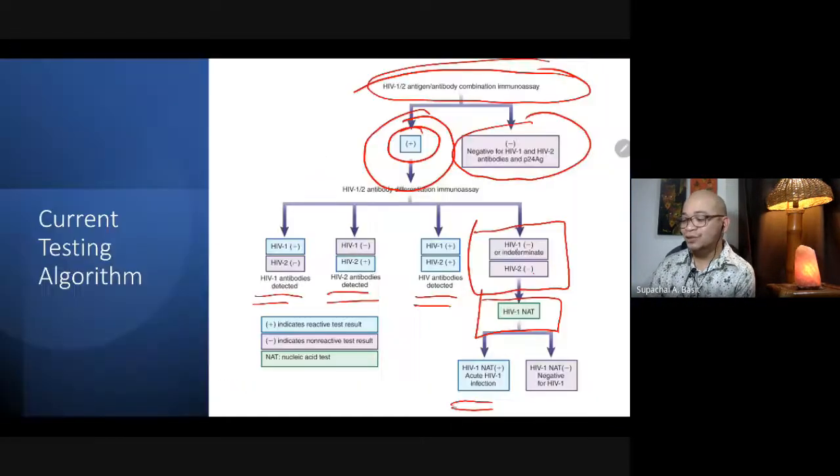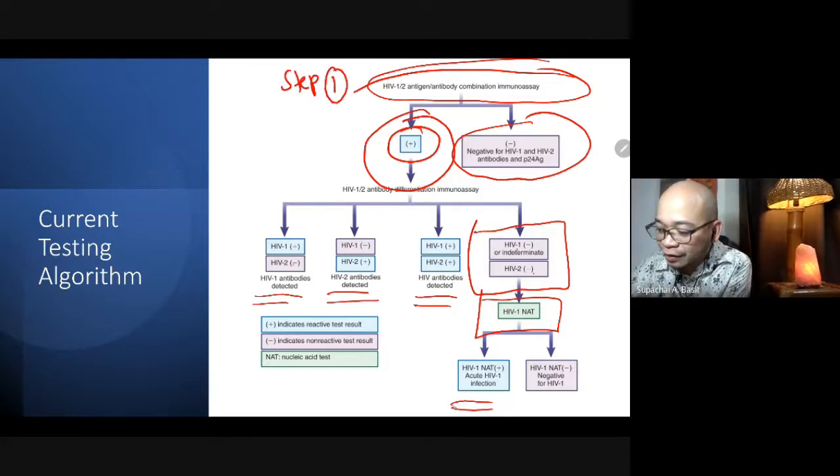So the algorithm has already changed. Step number 1, we first perform the HIV-1/2 antigen-antibody combination assay. When you say combination assay, you are detecting both antigen and antibody coming from the patient sample.